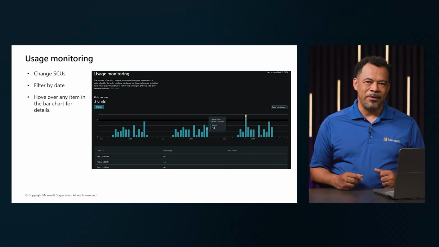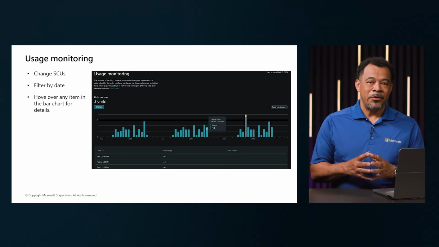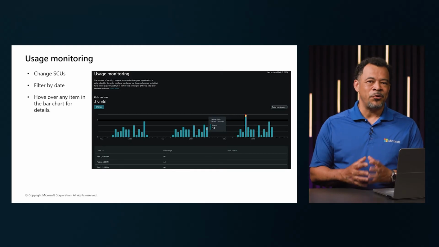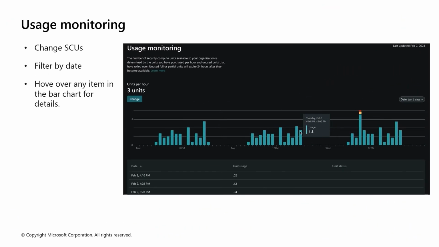In the standalone experience of Microsoft Security Copilot, the Usage Monitoring dashboard gives you a clear view of how your resources are being used. You can easily adjust your SCU allocation right from this page if your needs change. There's also a handy date filter, so you can narrow down the date to a specific time range and spot trends more easily.